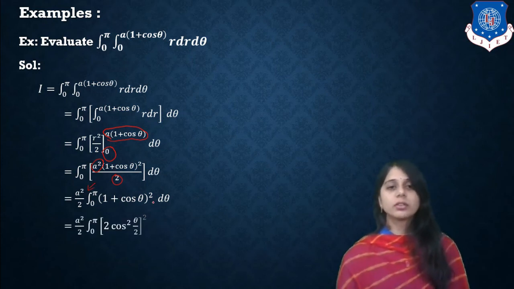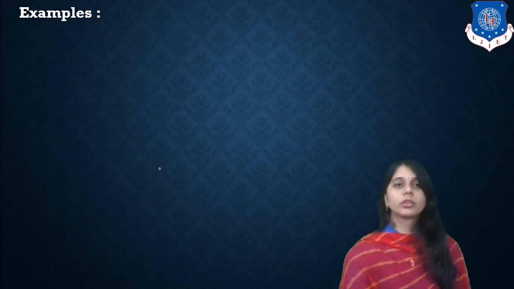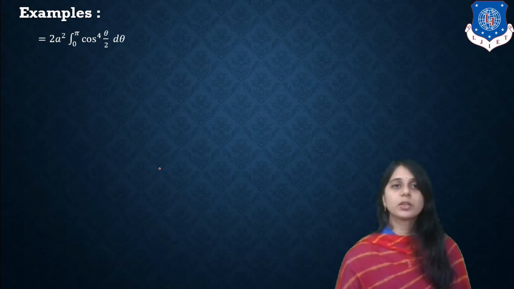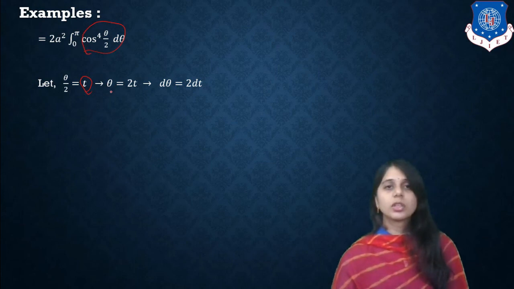Now integrate this. We get 2 cos square theta by 2, whole square, as the trigonometric formation. Solving this integration, we get 2a square cos raised to 4 theta by 2. So the answer is 2a square, from 0 to pi, cos raised to 4 of theta by 2. Now we take theta by 2 as t, because we cannot integrate the power of the functions directly. So theta equal to 2t and d theta equal to 2 dt.